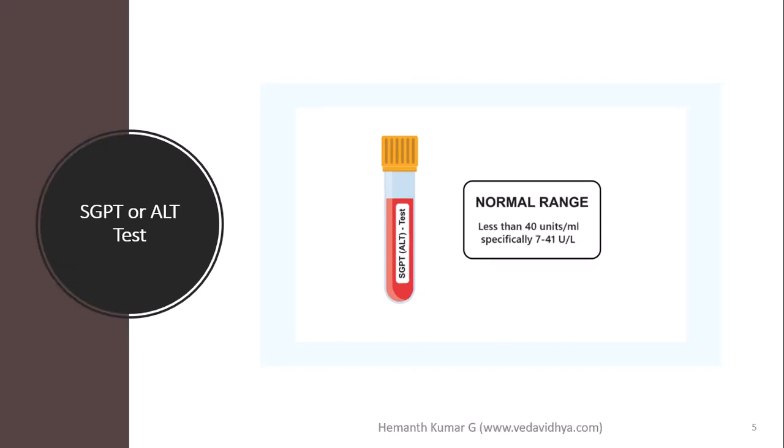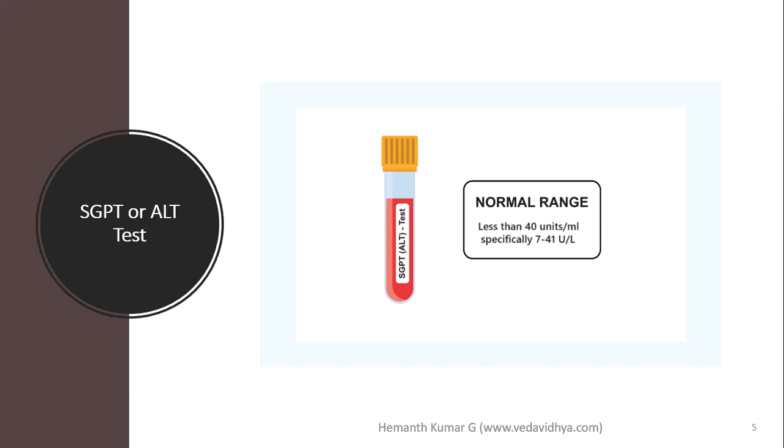In this part of our journey through liver function tests, we turn our attention to another crucial test, the SGPT, also known as ALT, alanine aminotransferase. This test is a cornerstone in the assessment of liver health and provides essential insights into liver function.